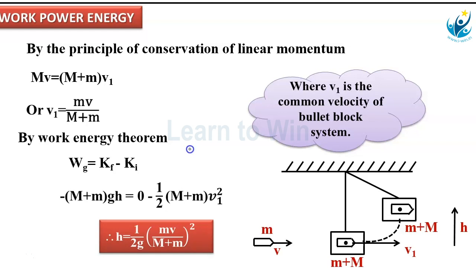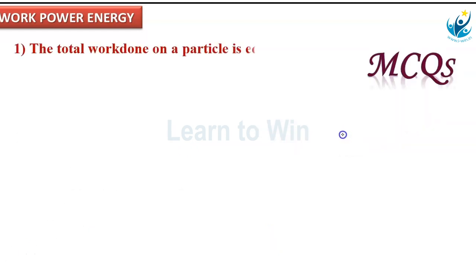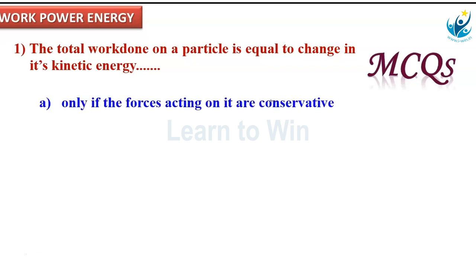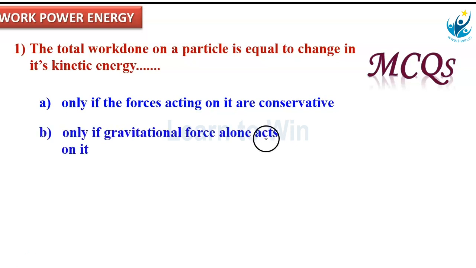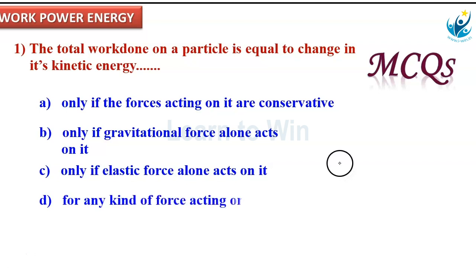This is the height of the combined mass raised. MCQs. The total work done on a particle is equal to the change in its kinetic energy. What is this? Is it only if the forces acting on it are conservative? Gravitational force alone acts on it? Only if elastic force alone acts on it? For any kind of force acting on it, the work energy theorem is applicable.